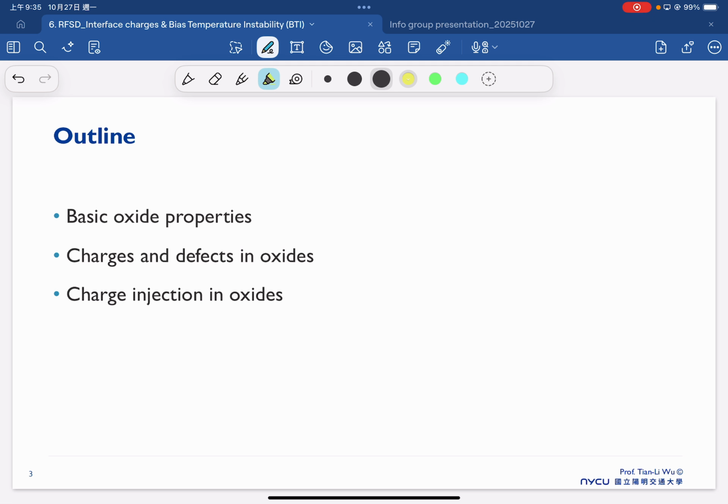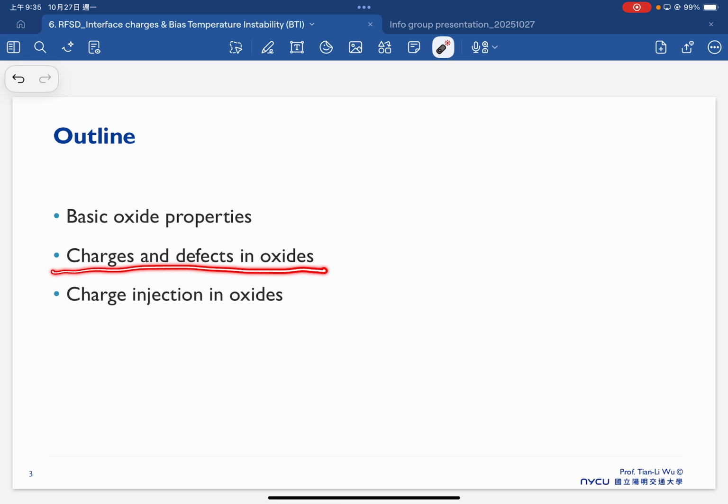But for further understanding of other semiconductors, especially advanced semiconductors, we can always use the understanding of silicon as a basic foundation. So we talk about the oxide properties, the charge and defects in the oxide, and especially the charge injection in the oxides.